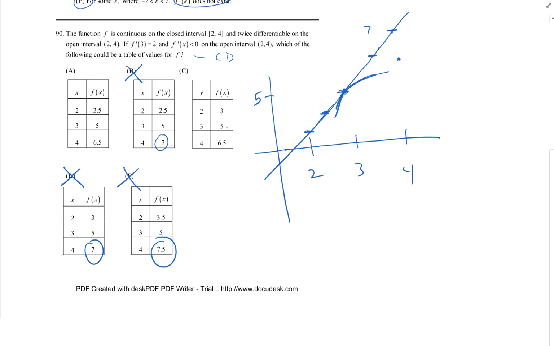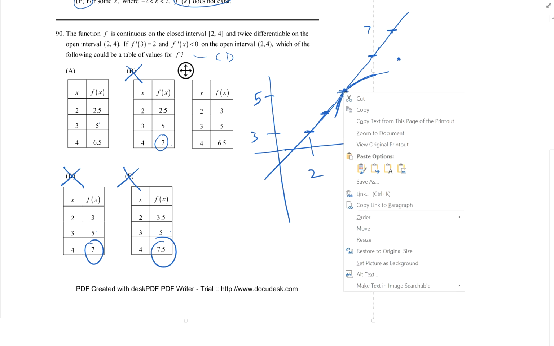Okay, let's look at the low end. Because see, we've got 5s on all of these right here, right? What about the low end? This is 5, it's got to be over 1 and down 2, so that's going to have to be 3. Okay. Could this point be 3 on the curve?